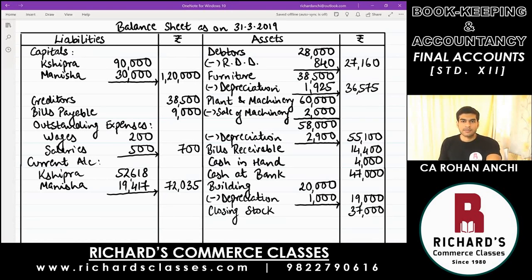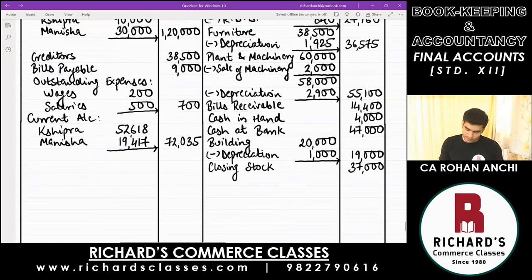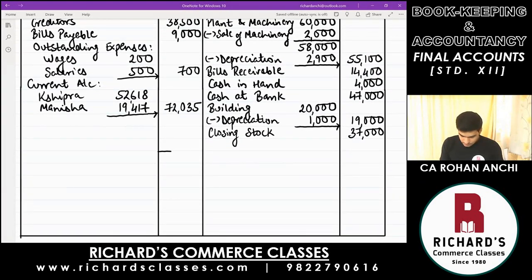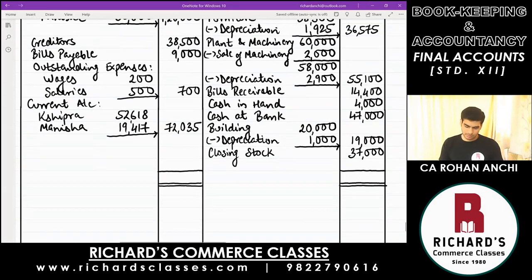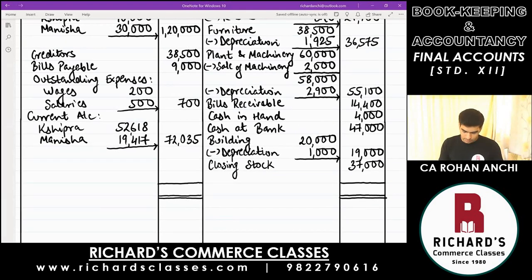Okay, that's it. Now, the last step is to find out whether the balance sheet tallies. Both liabilities and assets should have the same total. Add up and find out. Liability side total is 2,40,235.